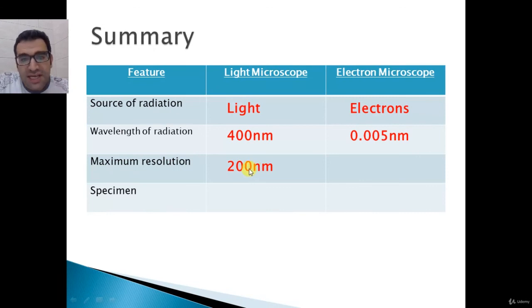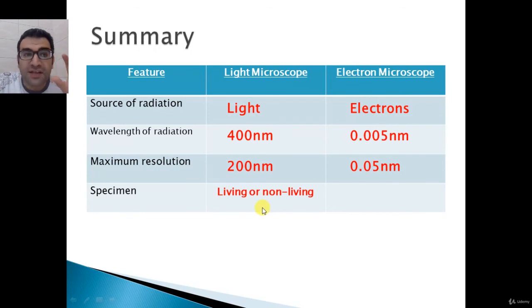This means that any two objects that are closer to each other than 200 nanometers cannot be seen as 2 points. However, the resolution is way better in the electron microscope. You can still see objects that are separated by a distance of 0.05 nanometers.